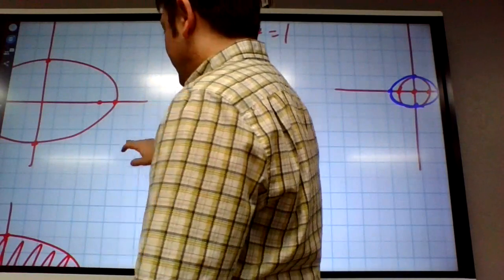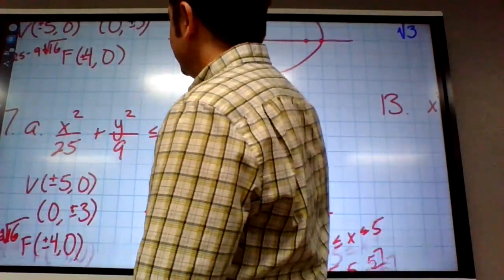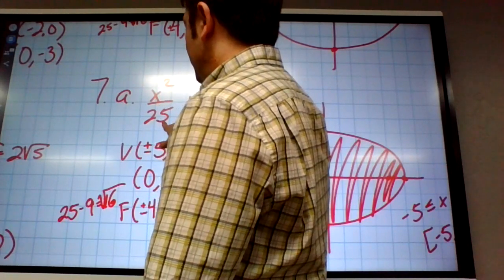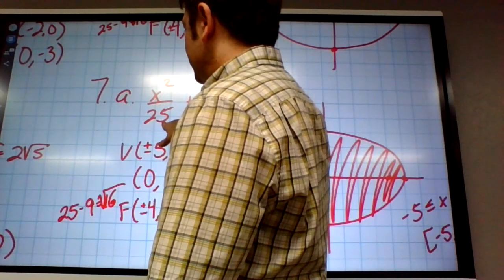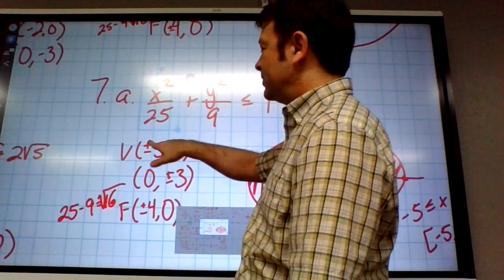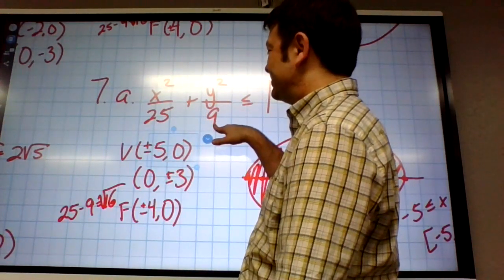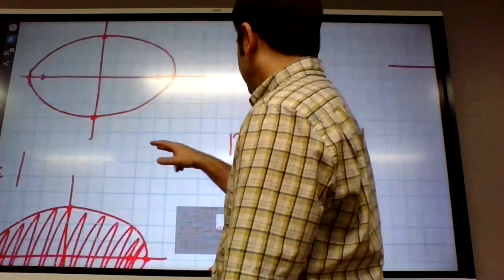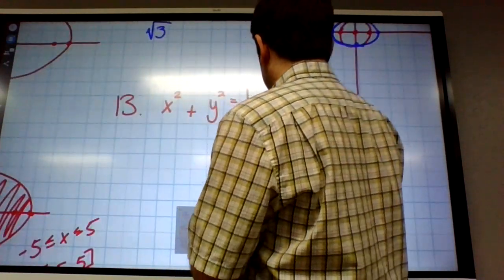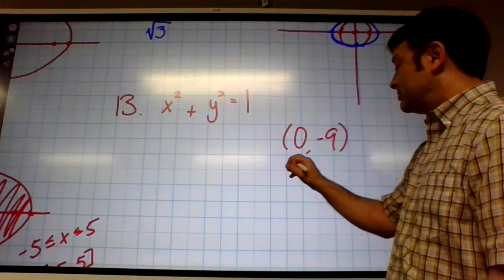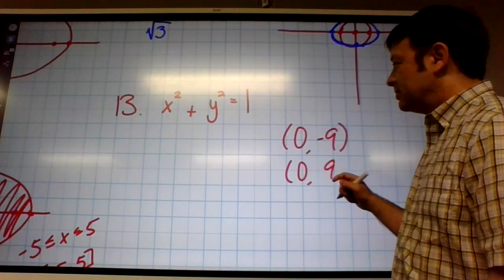All right, let's go back. Okay. So where is this going to hit the x-axis? 5. That was the vertex, 5, 0. This hits the y-axis at 3. Okay, so if the vertex is at 0, -9, it's at 0, 9 also.